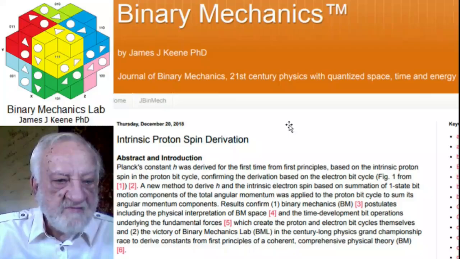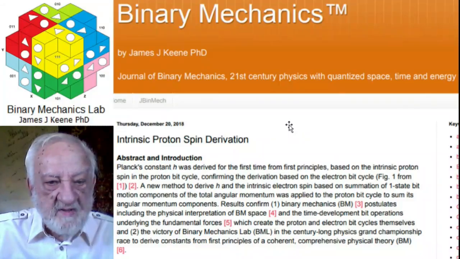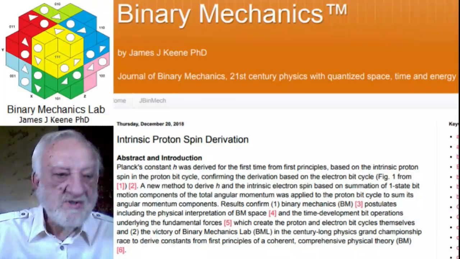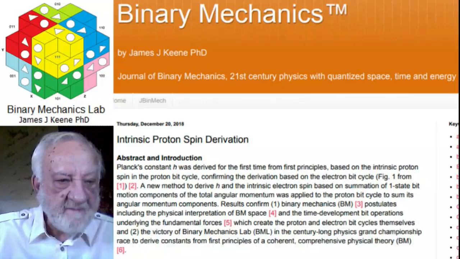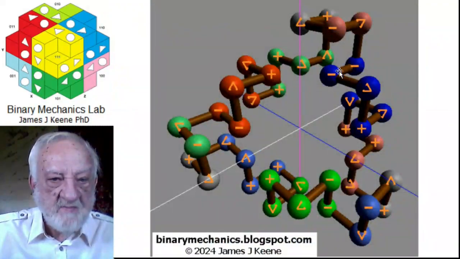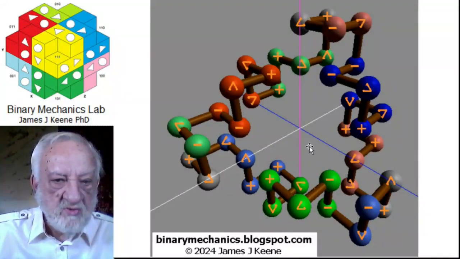This is one of several papers that derived the measured value of Planck's constant h from analysis of quanta spinning in the proton bit cycle. Here is the proton bit cycle showing that it contains 42 locations and that quanta move around this circular area here in the proton bit cycle and have an intrinsic angular momentum.